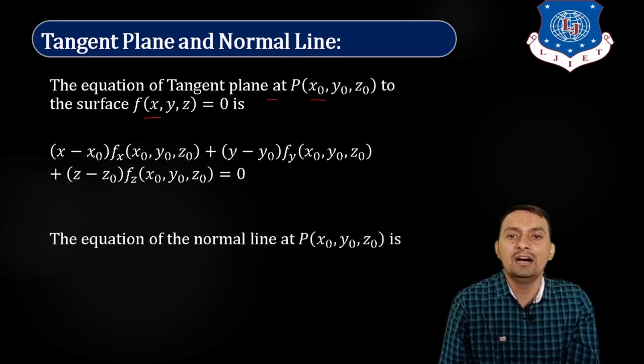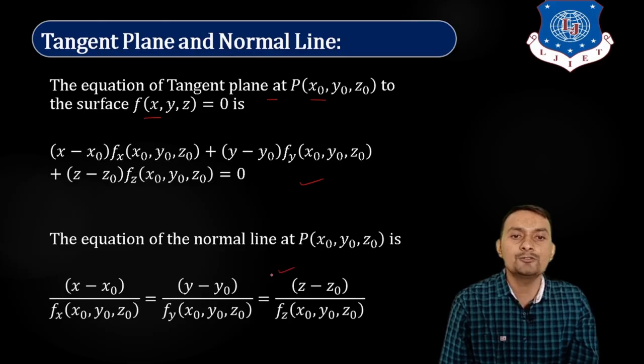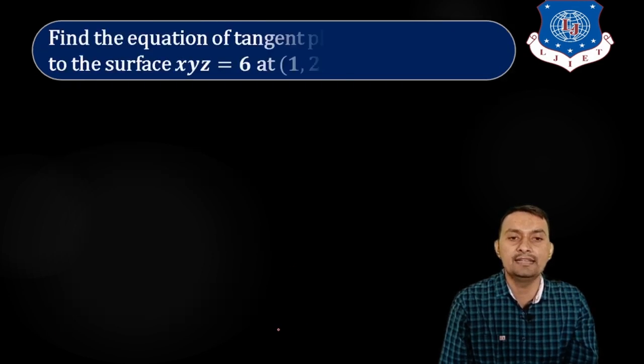When we put in the point P, we get the tangent plane. The normal line at the particular point is (x minus x0) divided by f sub x at x0, y0, z0, equal to (y minus y0) divided by f sub y at x0, y0, z0, equal to (z minus z0) divided by f sub z at x0, y0, z0. These are the partial derivatives with respect to x, y and z.